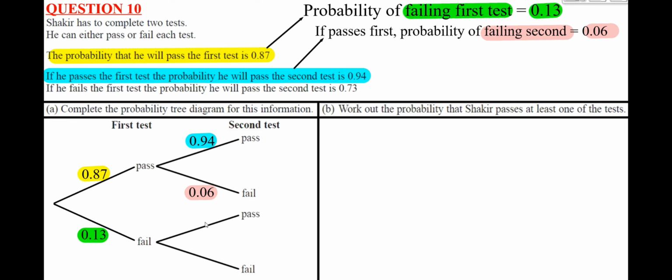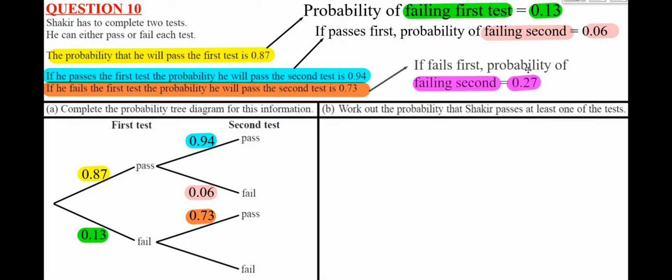So here, we're going to add in 0.73, which I've highlighted in this dark orange. Therefore, hopefully you can see now something plus 0.73 needs to equal 1. So the value for him failing the second one, if he fails the first, must be the extra 0.27. In other words, 1 minus 0.73. So down here, we're going to put 0.27.